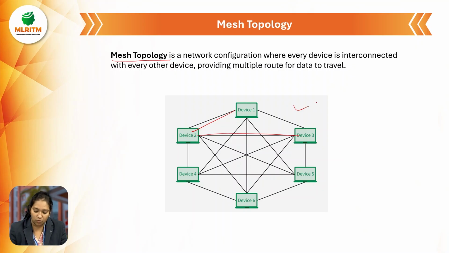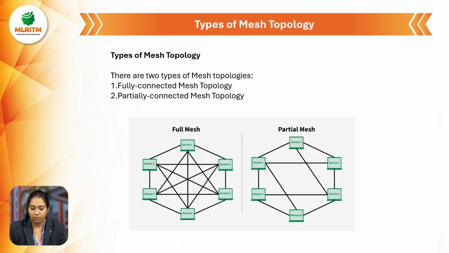This is the mesh topology diagram. Every device is interconnected with every other device. This is called mesh topology, providing multiple routes for data to travel.